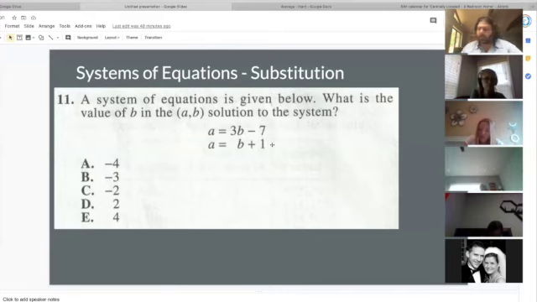So Aaliyah, will you help me with this one? Did you use substitution here? No. What did you do? Saw a graphing? No, I used elimination. Okay, so tell me how you did that.